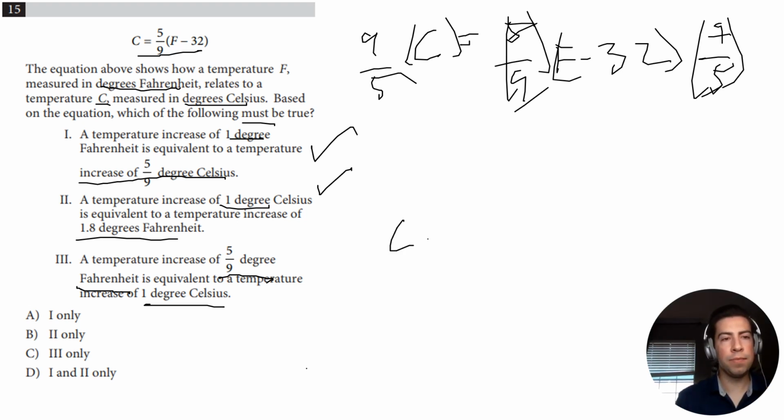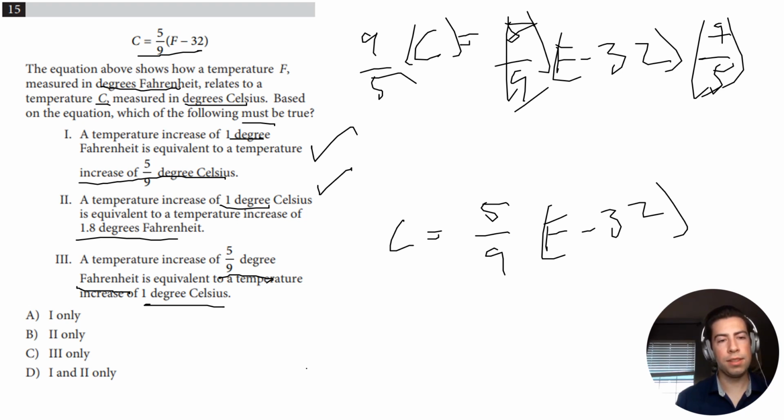If I have C equals 5/9 times F minus 32, if I increase this by 5/9, what would happen? Well, let's think about this for a second, okay? Let me just make sure that I'm reading this correctly. Temperature increase of 5/9 degree Fahrenheit is equivalent to a temperature increase of 1 degree Celsius. Okay.